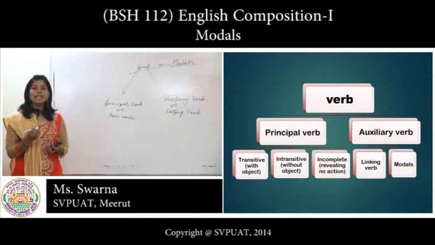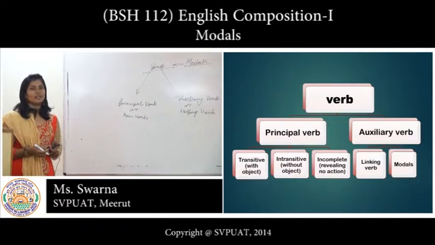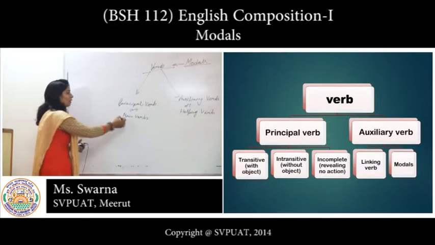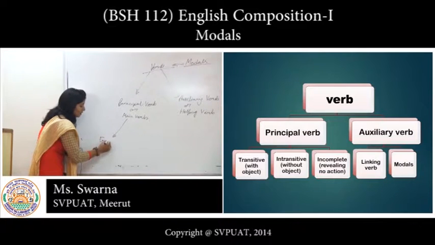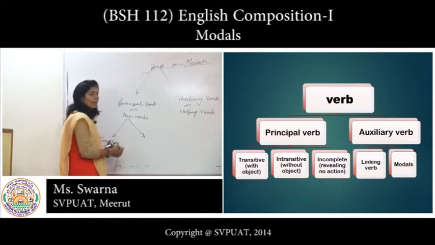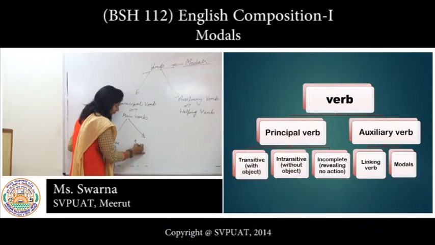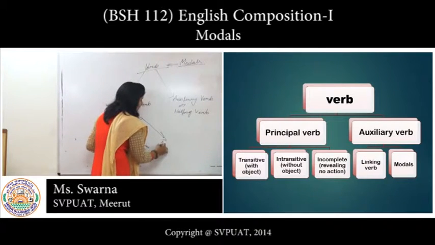Principal verb is the main verb which is used in a sentence, which denotes the action of the whole sentence. So principal verbs have three types. First one is transitive, second one is intransitive, third one is incomplete verb.